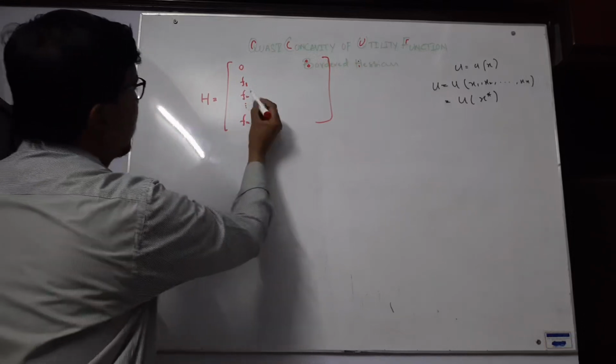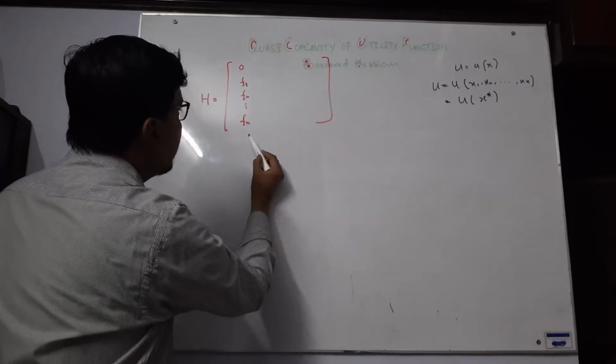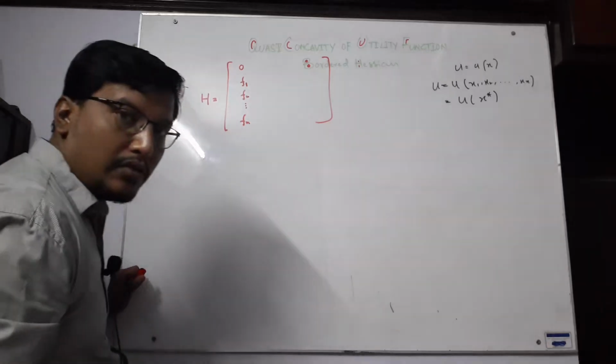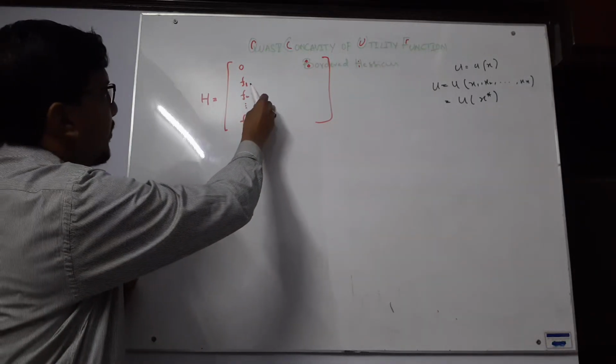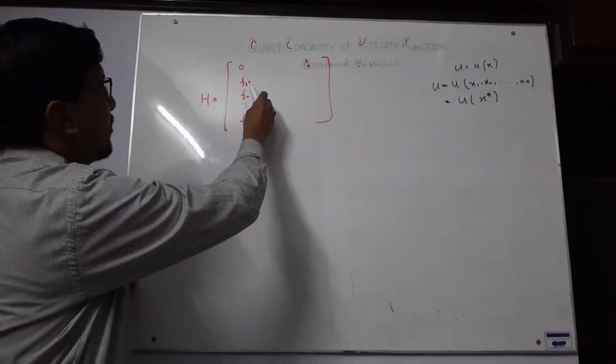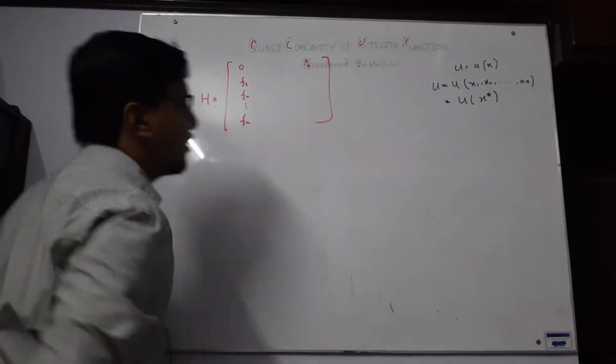These are the commodities 1, 2, 3, 4 up to n. First of all, we will take the first derivative of our utility function with respect to commodity 1, then commodity 2, and then up to commodity n.